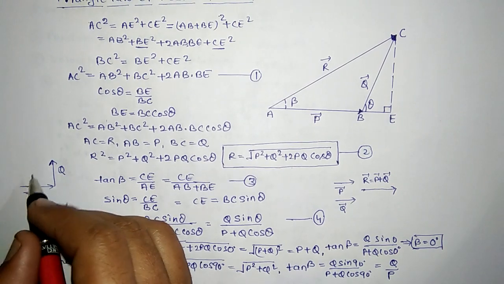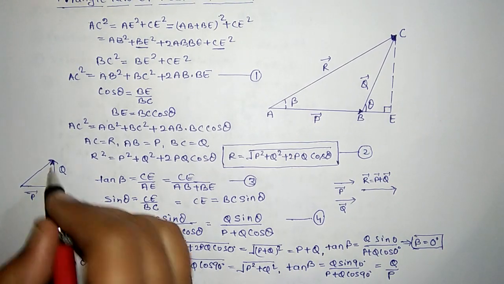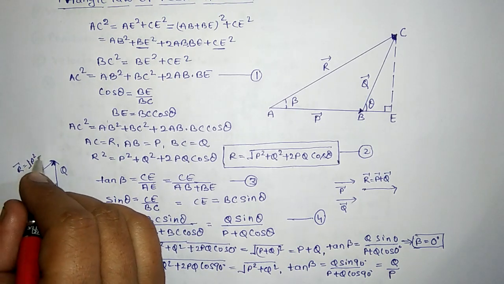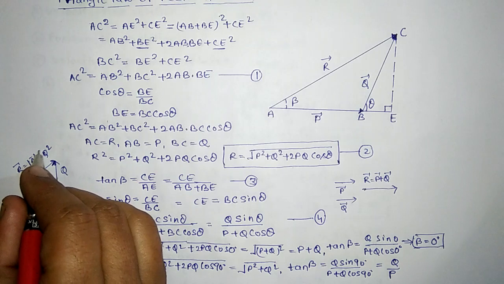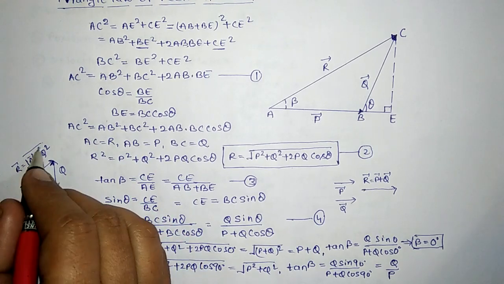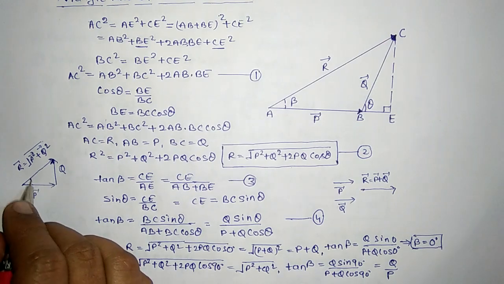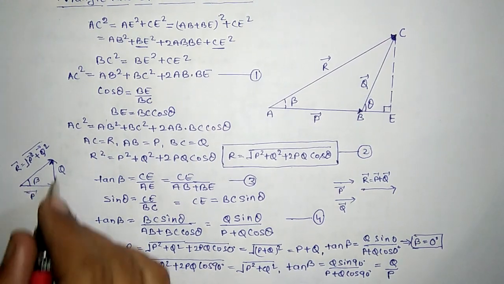Then the resultant R is given by under root P square plus Q square, and the direction is given by tan beta is equal to Q upon P.